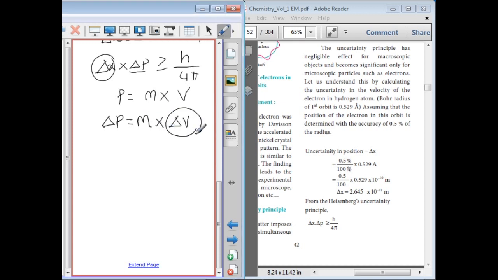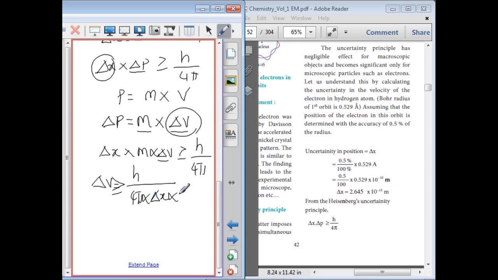Why do we use delta v? This is the change in velocity, but there is no change in mass. That's why m multiplied by delta v. Applying the equation, delta x multiplied by m into delta v is greater than or equal to h by 4 pi. The question is to calculate delta v. So delta v is greater than or equal to h by 4 pi multiplied by delta x multiplied by mass.